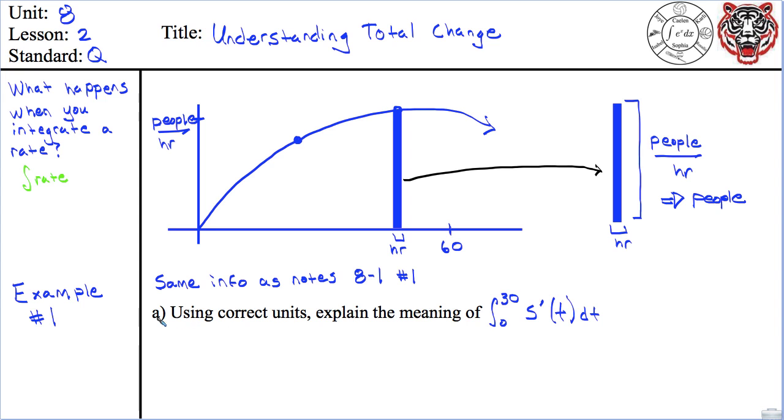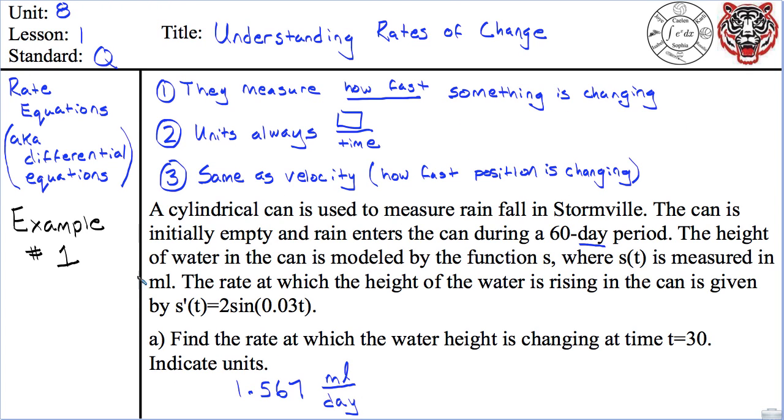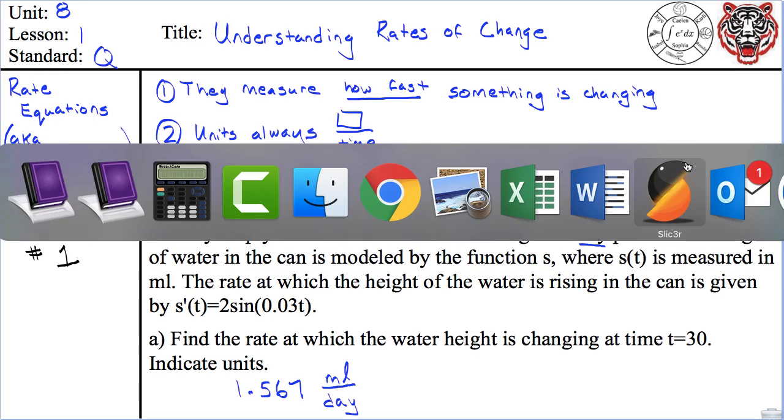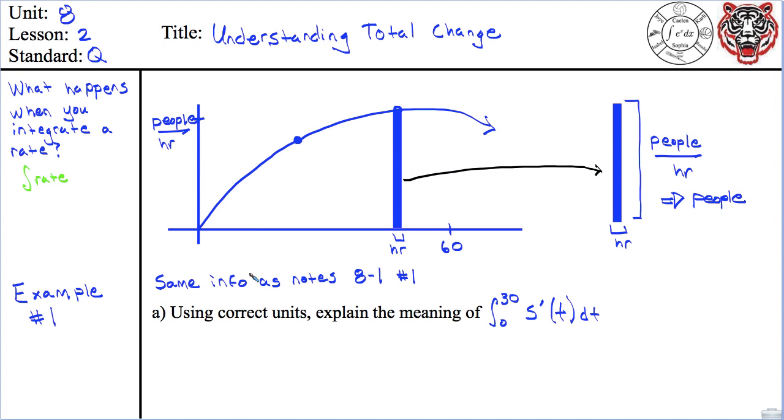So when I'm talking about example 1, this is the same info as our notes from the other day, so that's example 2. That's talking about example 1, where we have a cylindrical can in Stormville. Oh, that is not the right program. Okay, so explain, with correct units, the meaning of this integral.